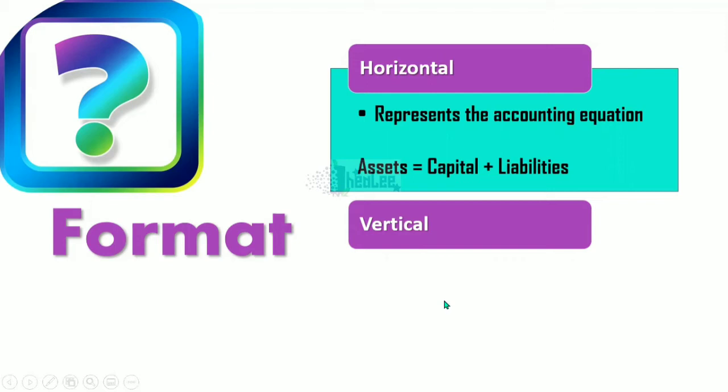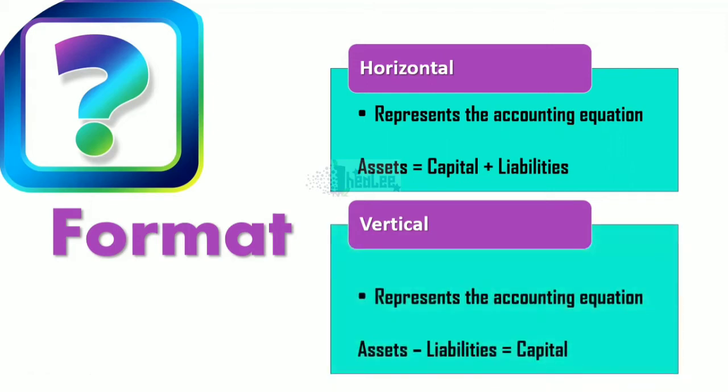Now let's talk about the vertical balance sheet. The vertical balance sheet represents assets minus liabilities equal to capital. With this balance sheet, you would list your fixed assets, then your current assets. You would then subtract your current liabilities from your current assets, and that will give you working capital. Having done that, you will then add your working capital to your fixed assets.